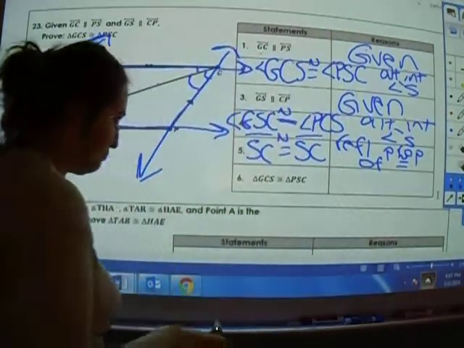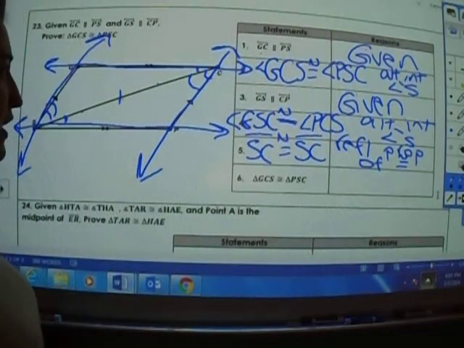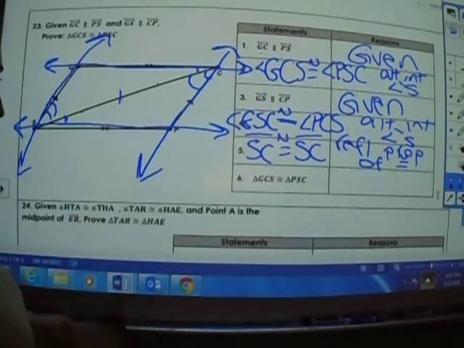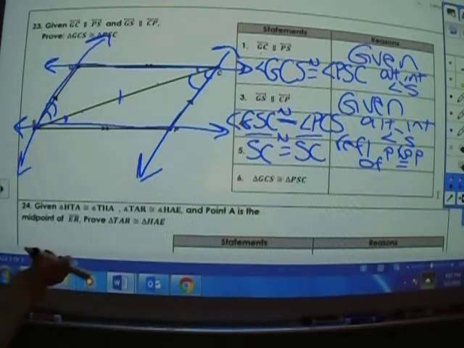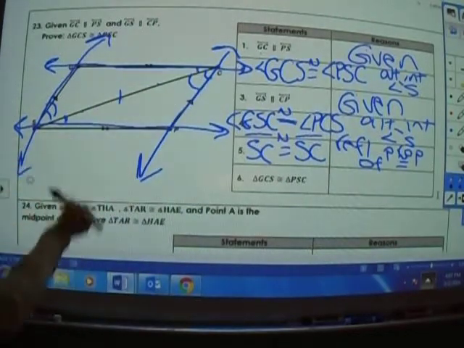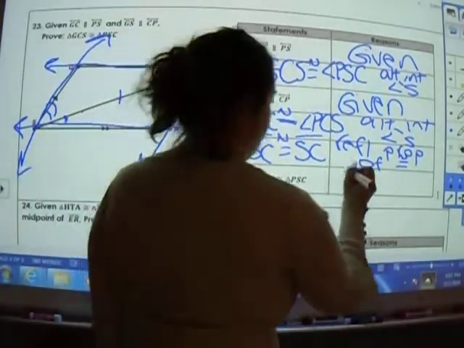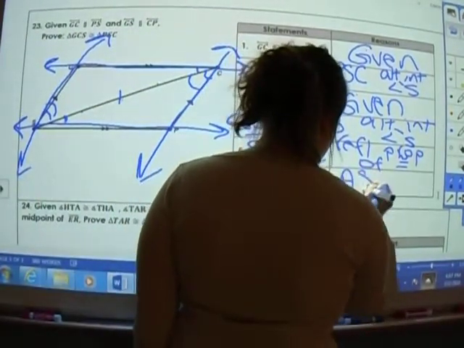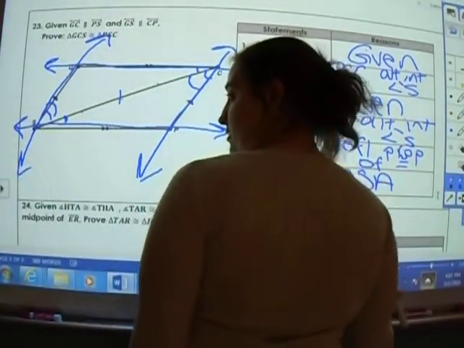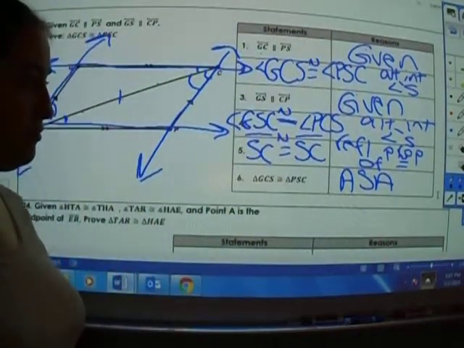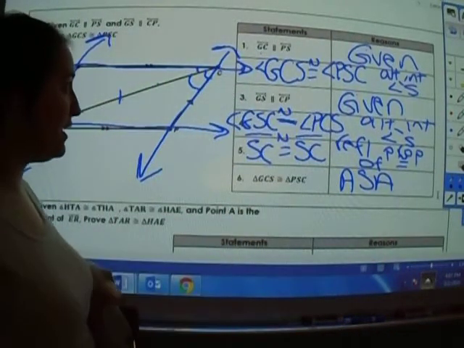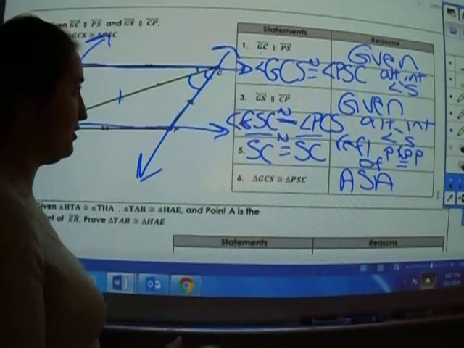Okay? So finally, we have what we set out to prove, and looking at this, we have angle, side, angle. So I hope everyone gets that. That's how you do this one.